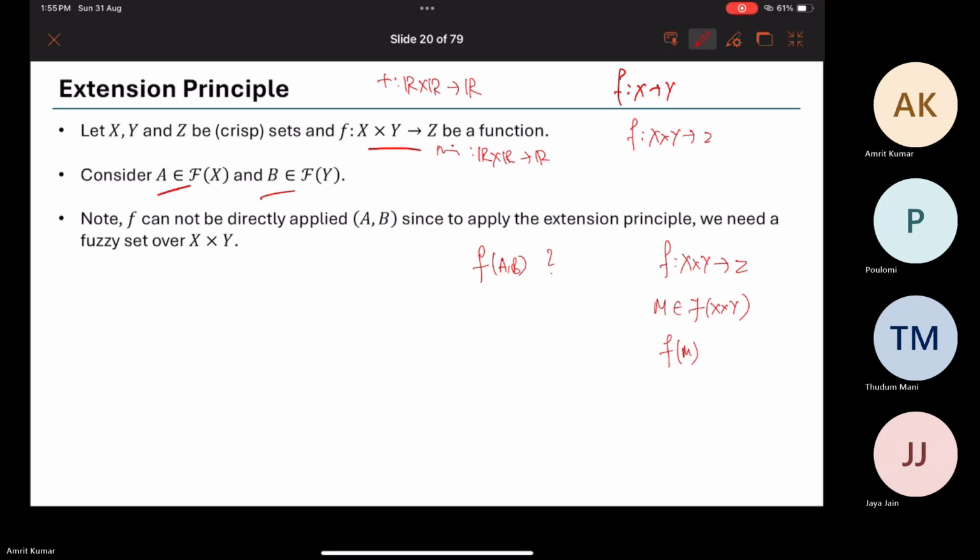So M is a fuzzy set over X cross Y. You apply f to it, and you get f of M, a fuzzy set over Z. And the membership of this set is given like this.